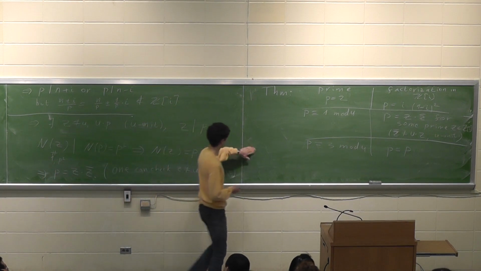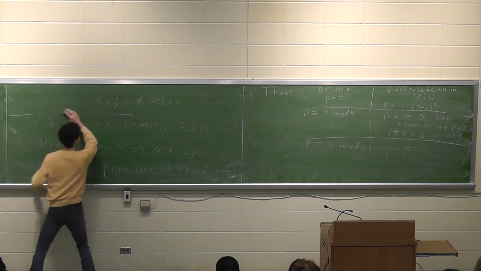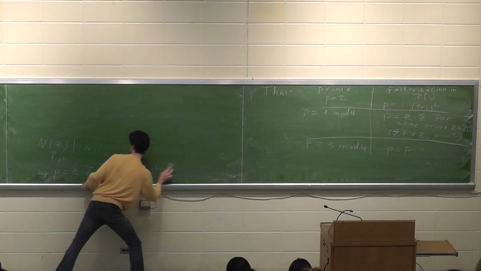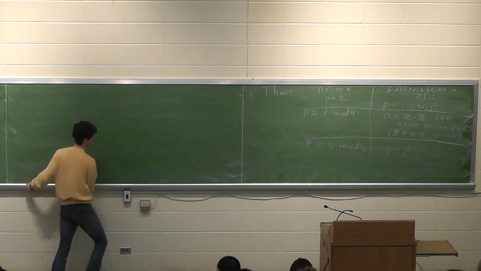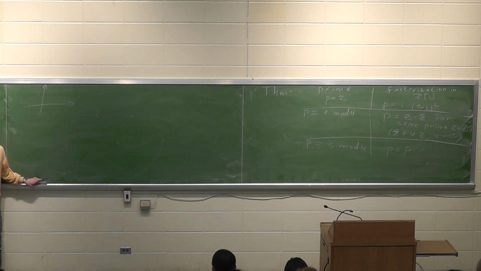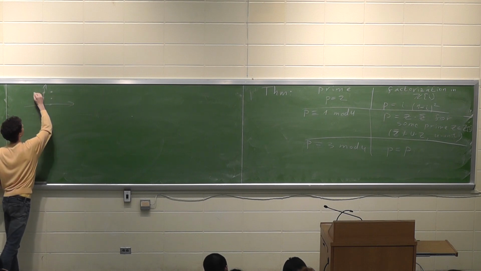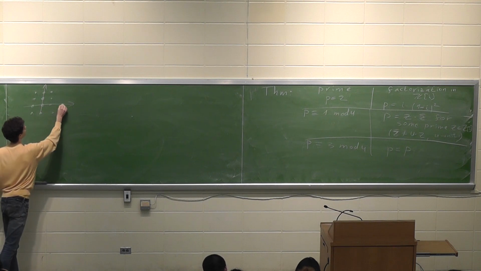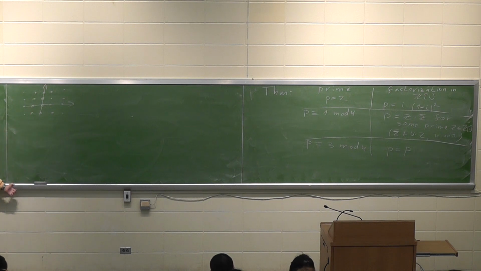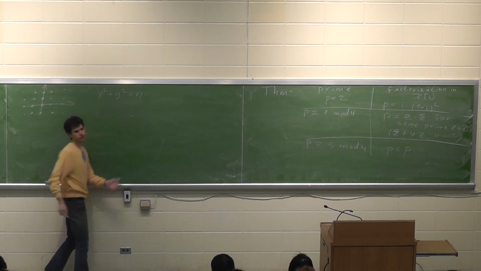Let me use this theorem to count the following interesting numbers. How many integer points are there on a given circle? So the question is like this. You have your plane, you mark the points with integer coordinates. You fix some number n, and you ask how many integer points are there on such a circle.